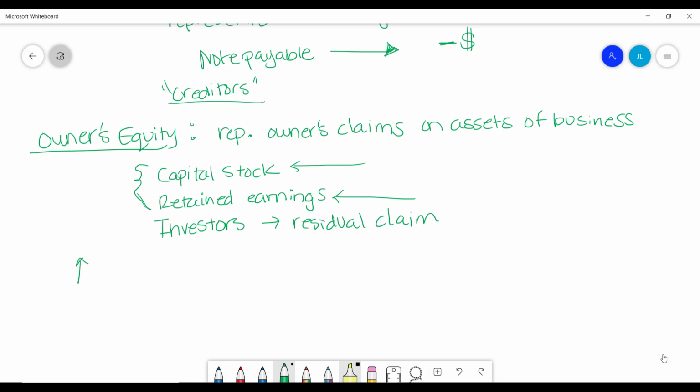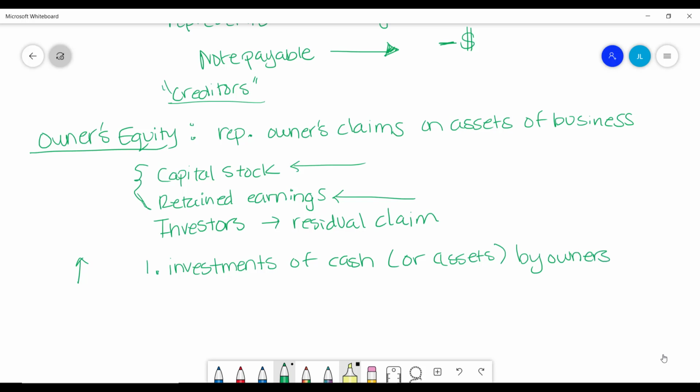It comes from two main sources. The first source is investments by investors or owners. So investments of cash, but it's not always cash. It can be other assets, by owners.